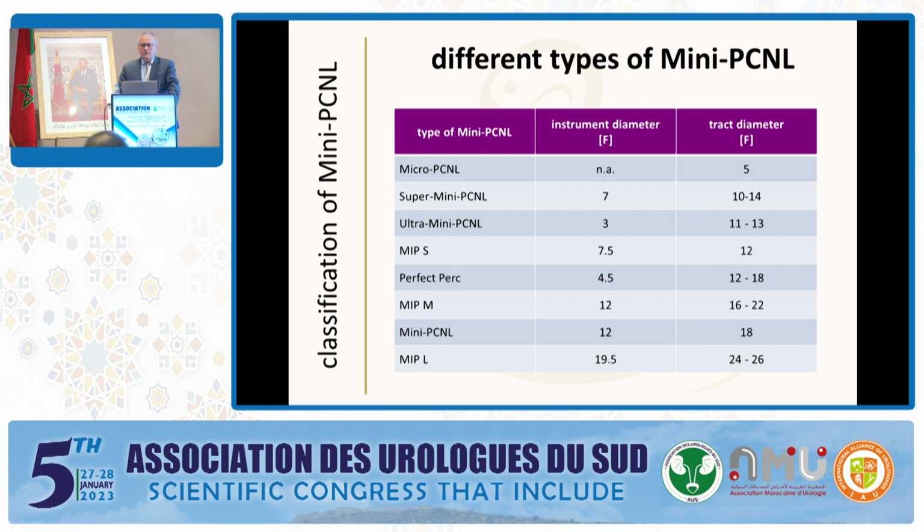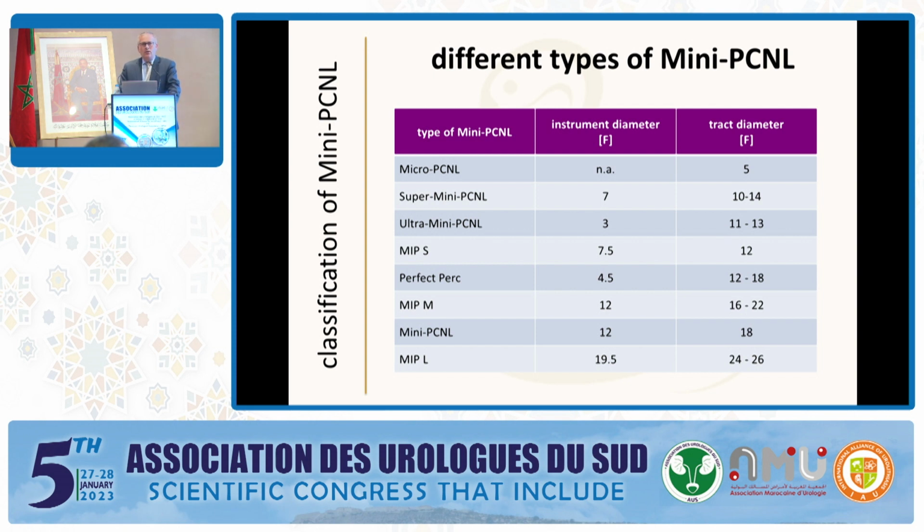This table shows the instrument diameter and the tract diameter. Tract diameter means the outer cross-section of the Amplatz sheath used. And I try to make a certain order from smaller instruments to larger instruments, but you can clearly see that there is a great variety of different instruments diameters which are combined with different tract diameters.